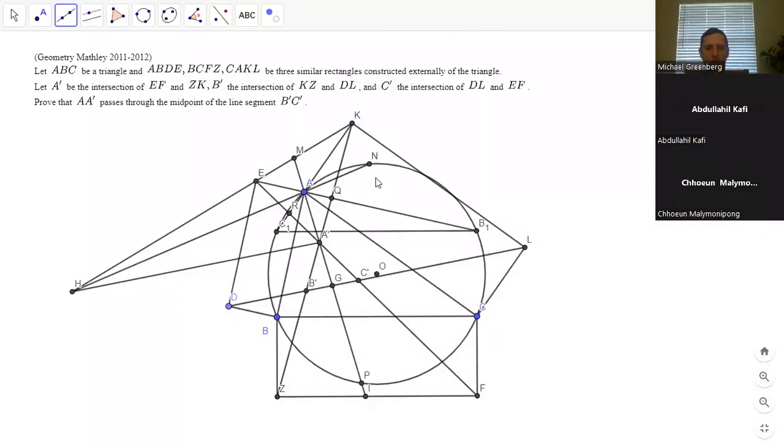We could try projecting, let's see. So yeah, I like trying to show that those are collinear. I think that might be a good way to just try it.